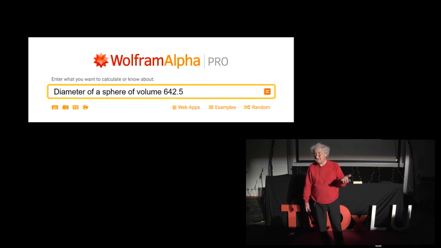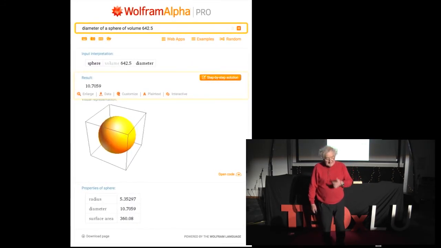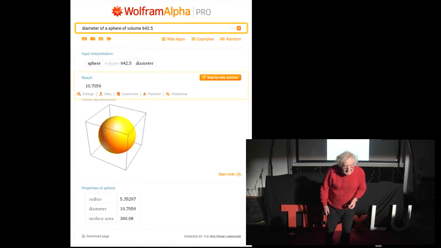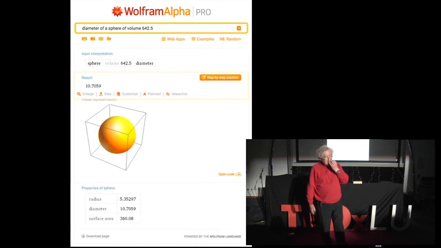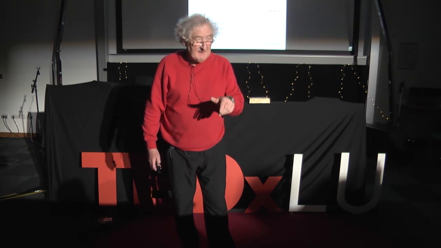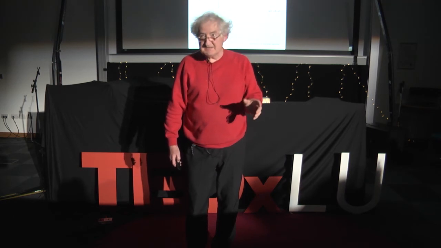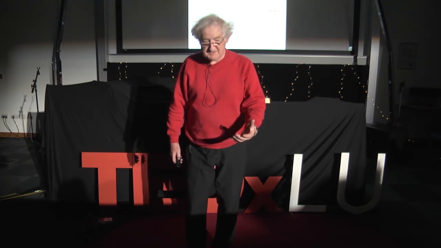We haven't given it any other clues. What does it do with it? It brings back the answer. And you can see there that it says the result is 10.7. So not only has it understood the text, it's also recognised we're talking about spheres, it knows about spheres, and it knows the relationship between the radius and a sphere. And it's done the whole thing for us.